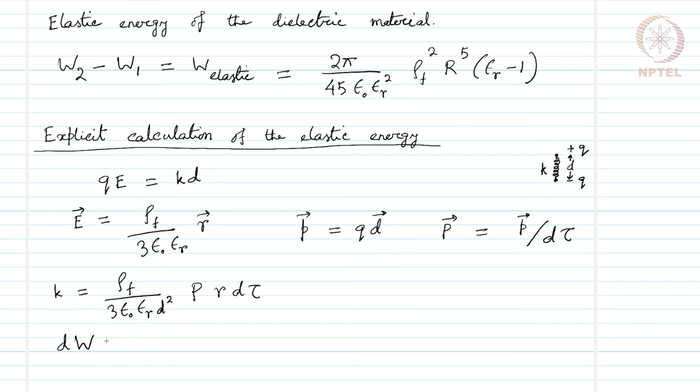Infinitesimal work done on the spring in the process of displacement is half k d squared, and that equals rho f divided by 6 epsilon naught epsilon r times the polarization r d tau.